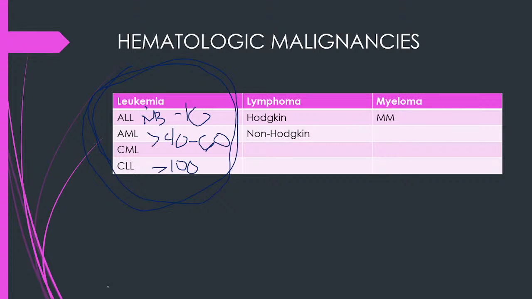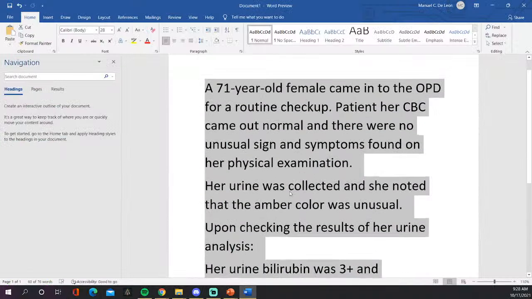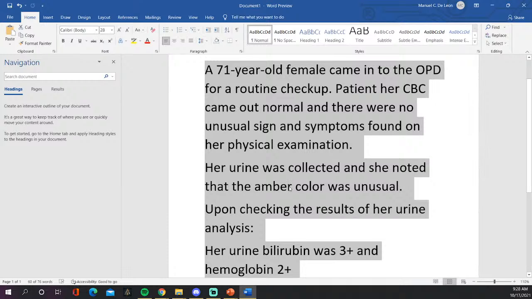A 60-year-old patient. I'm going to read it out. Wait, I think I typed it here somewhere. Yeah, this one. A 71-year-old female came to the OPD department for a routine checkup. Her CBC was normal, and there were no unusual signs and symptoms found on her physical examination.